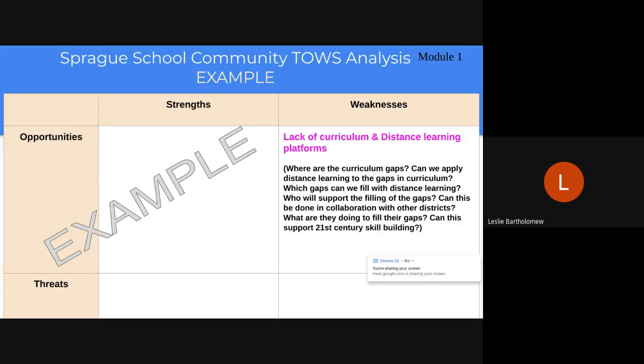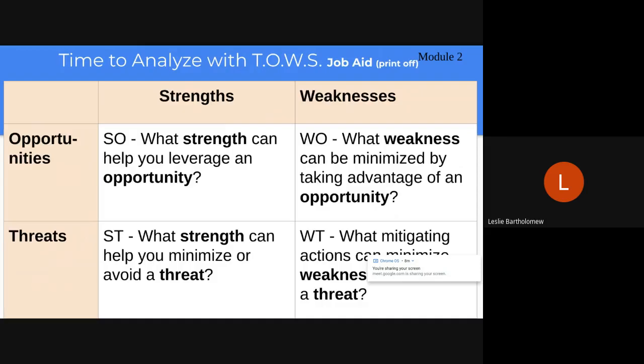So that is a quick example of the TOWS analysis at work on your SWOT analysis. I encourage you to print off the job aid here, because these questions are really what will bring forth those strategic ideas. And as always, I'm available by phone. My phone number is in our materials so that you can reach out to me if you have any questions.